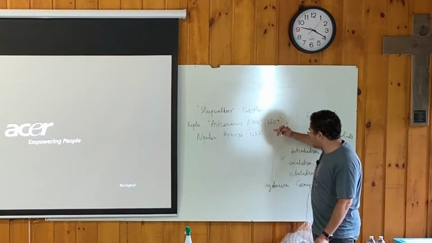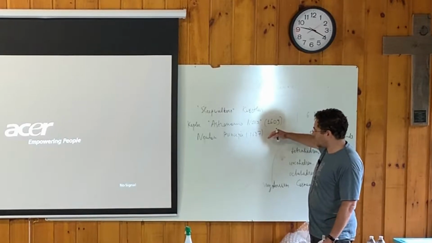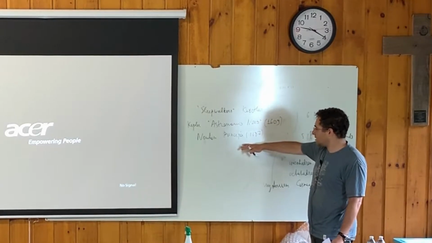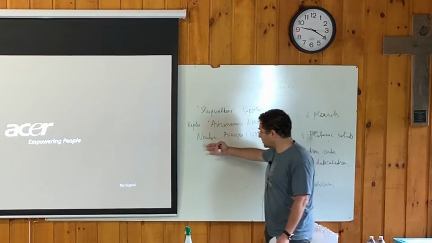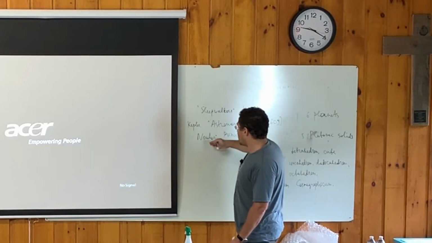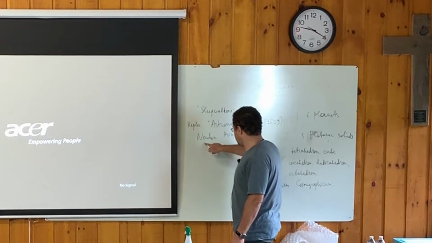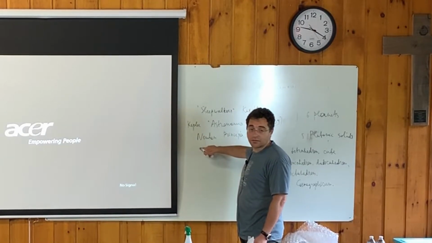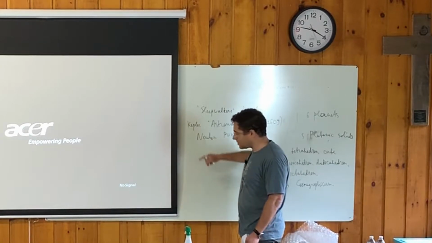But I just want to mention that for Newton, a very important part of this book is working with Kepler's laws and arguing that Newton's laws imply Kepler's laws. You can derive this from this.